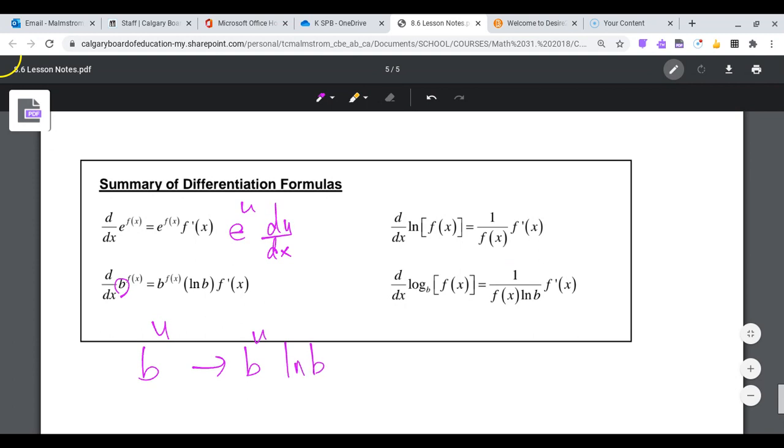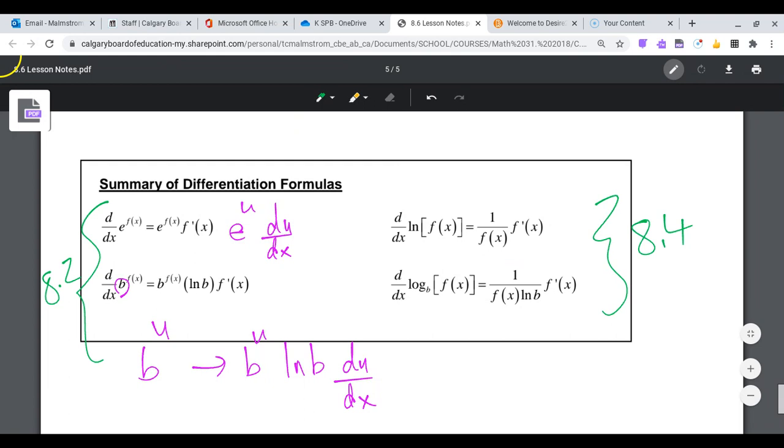There's that extra piece, and then the derivative of the exponent on that, okay? And that's just because in the e case, ln e is just 1, so it's going to cancel itself out. Whereas ln 10 or ln 7 or ln 4, that's a funky number. All right, so that was from the exponential piece. These would have been coming out at 8.2 mostly, and then this would have been our 8.4.